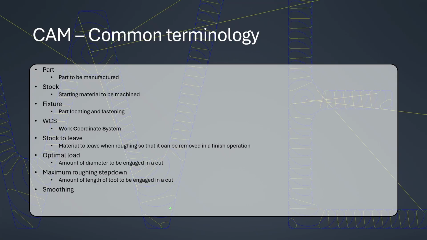Smoothing is applicable to all machines, but especially older machines. When the CAM is doing especially circles and curves, it will often turn curves into points, and it will make lots and lots of points to interpolate a curve.